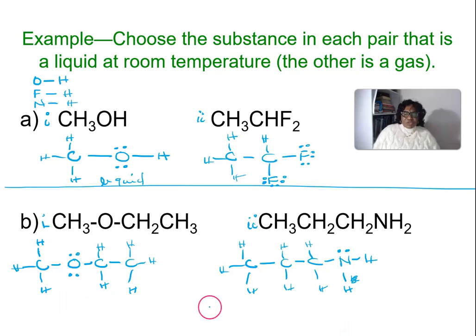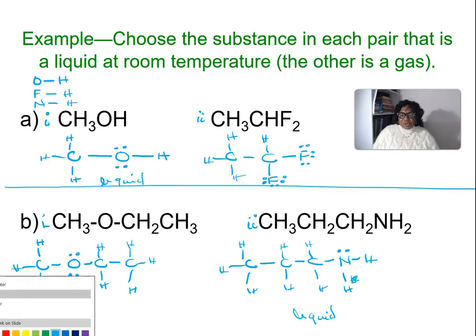So between these 2 molecules, you see that this one does not have any of these bonds, but this one has a nitrogen-hydrogen bond. So this is going to be the liquid because it has hydrogen bonding. To be able to see it, make sure you draw the Lewis structure.